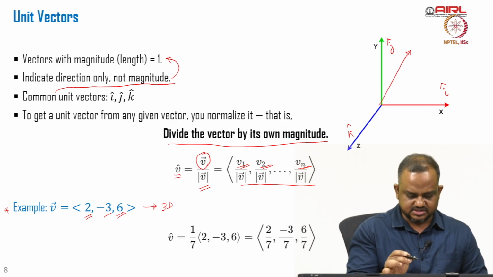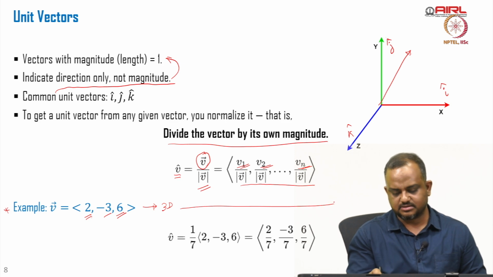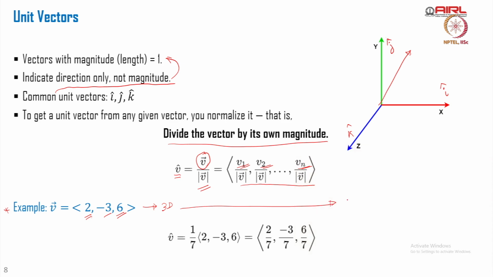When we try to find the length of this particular vector, it comes as 2 square plus -3 square plus 6 square, equal to 4 plus 9 plus 36, equal to 49, which gives 7.